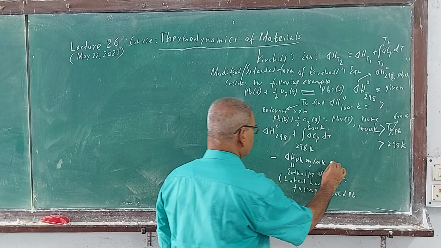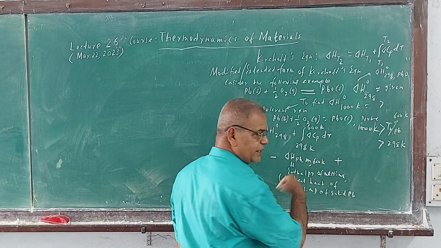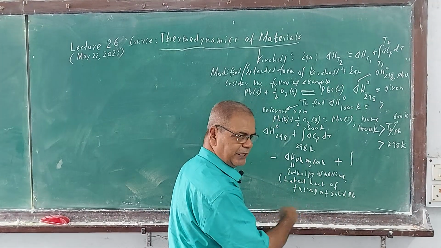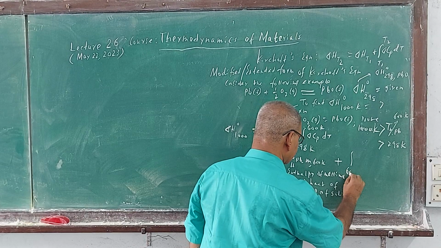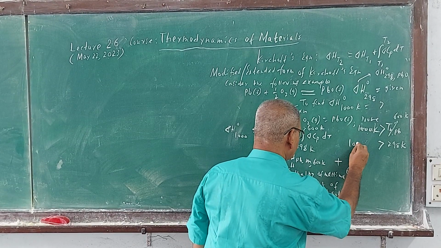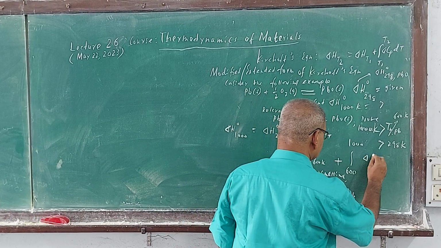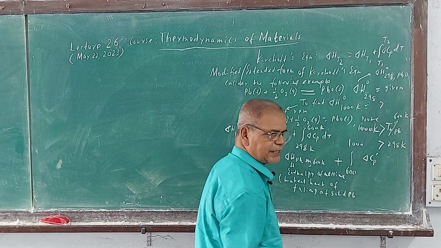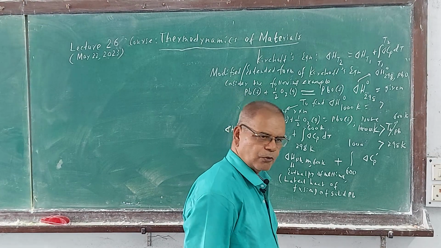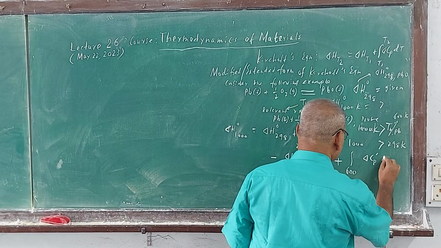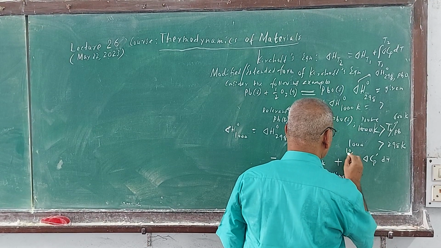Then melting is over, and it has become liquid now, so take it from 600 to 1000 with delta Cp. But this delta Cp will be slightly modified, because liquid is no more lead solid. So lead liquid, I will explain this, delta Cp dT up to 1000.